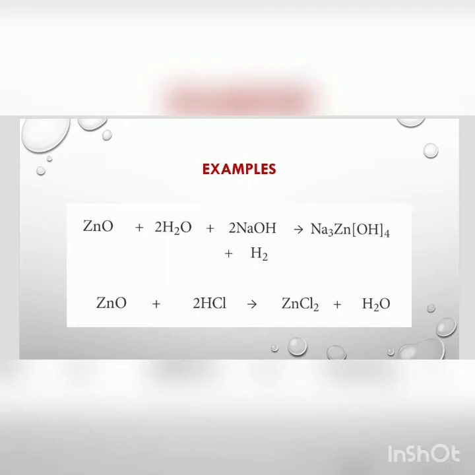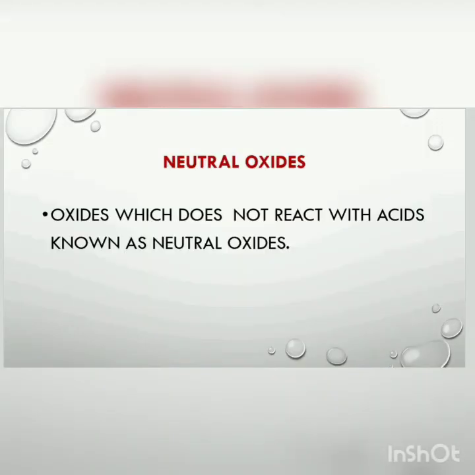So in the first reaction zinc oxide acts as an acid, and in the second reaction zinc oxide acts as a base. That's why zinc oxide has dual character or dual nature, and these oxides are known as amphoteric oxides, right?